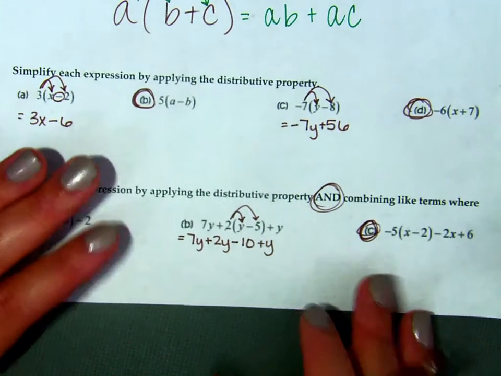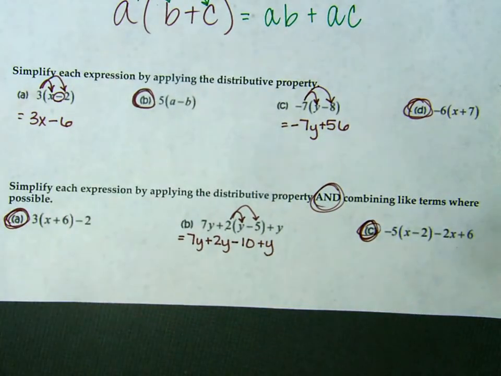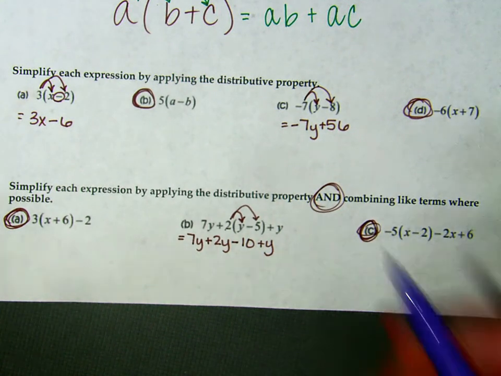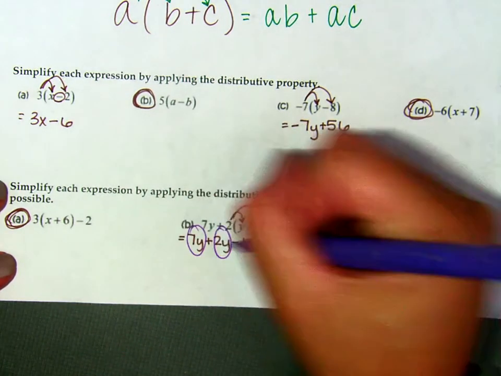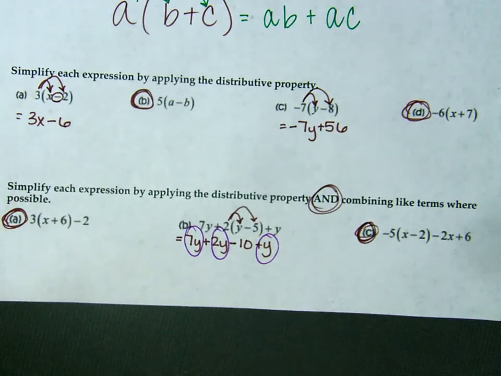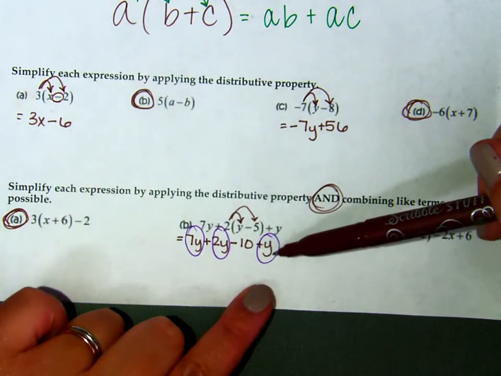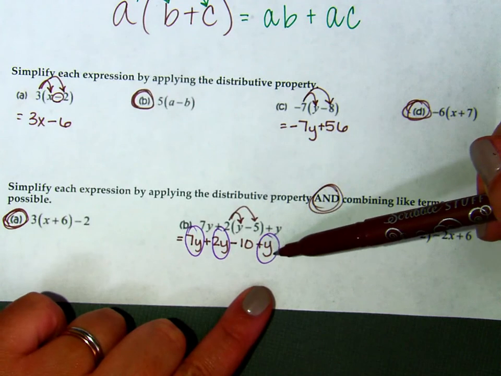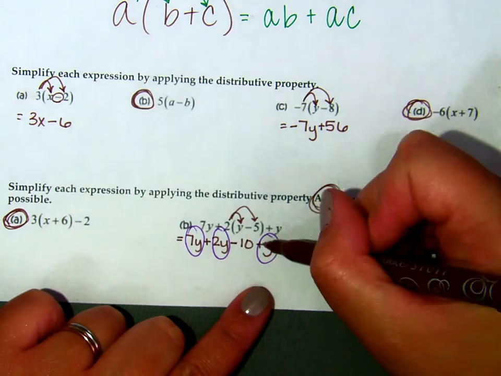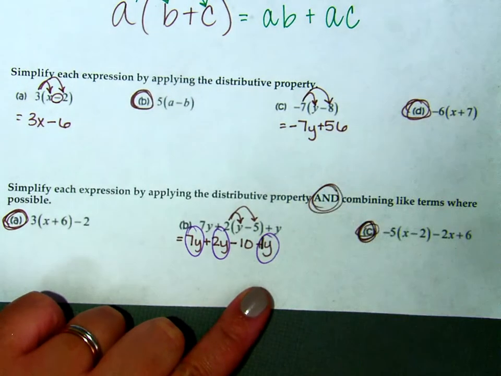I distributed the 2 to everything inside the parentheses, which means now I can combine like terms. Looking carefully, I have y's, and we're going to add them all together. But I think where some confusion comes in is, what number is in front of this y? This y over here has an imaginary 1 in front of it.